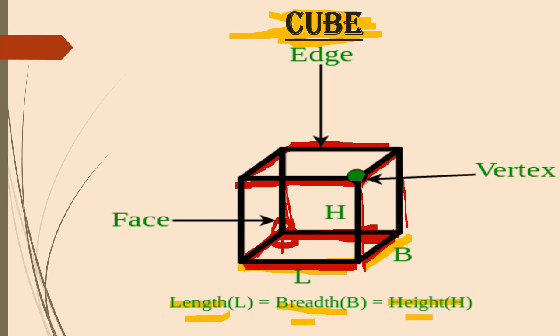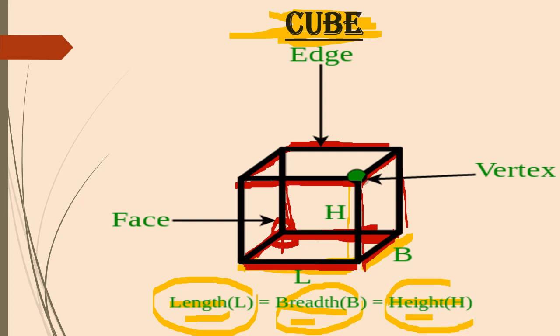For example, this is 2 meter, breadth will be 2 meter, and height will also be 2 meter. You understand? Length, breadth, and height of a cube are always same.